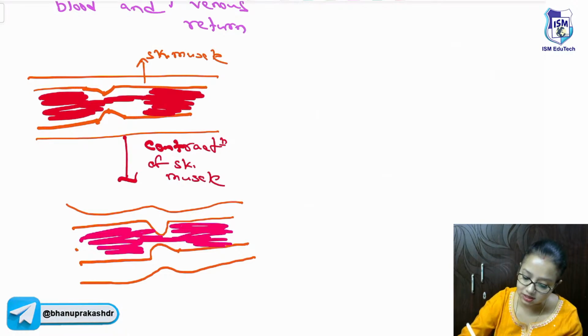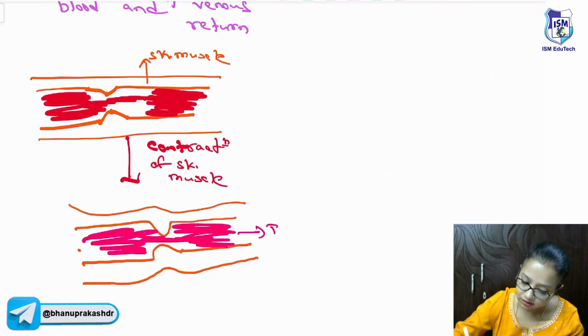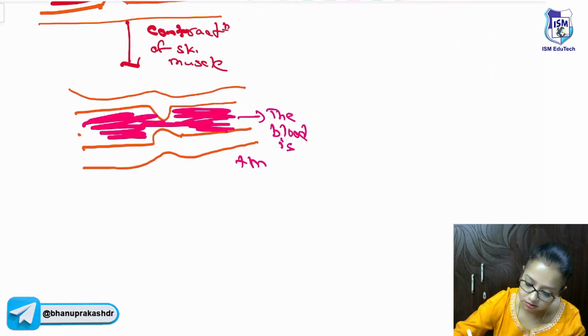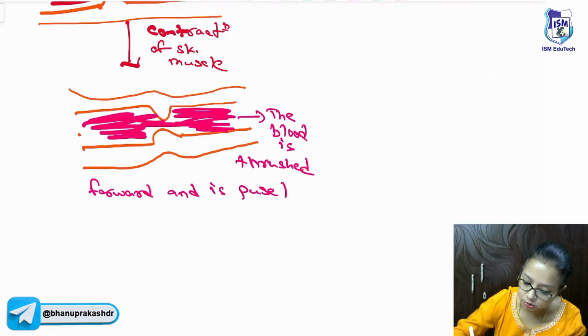Now due to the contraction of the skeletal muscle, the blood is thrust forward and pushed to the venous return.